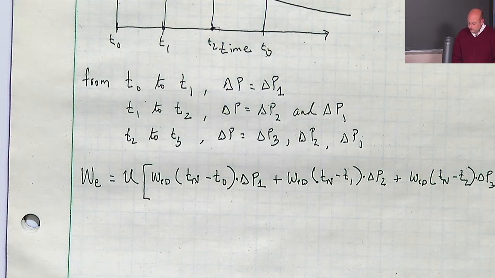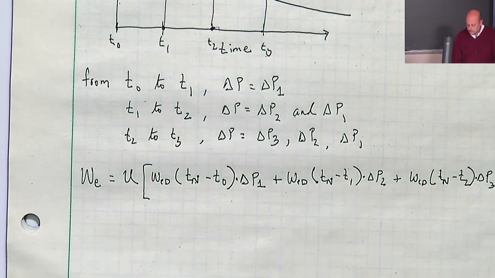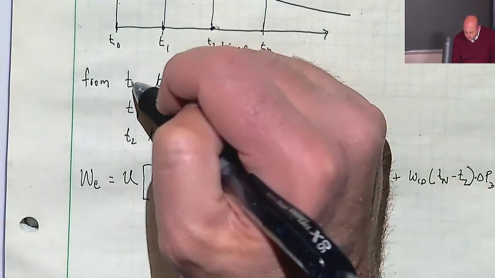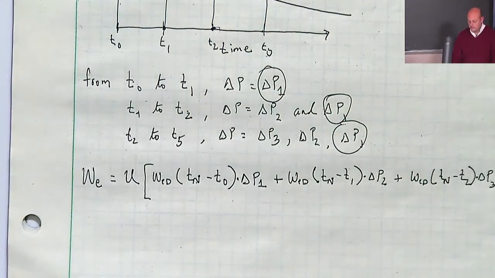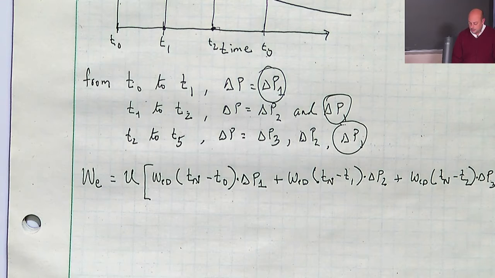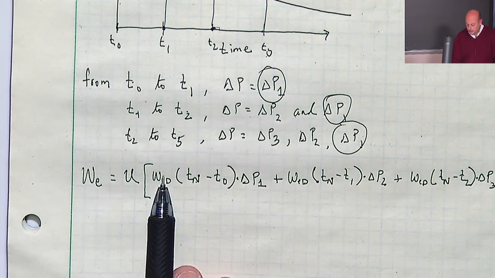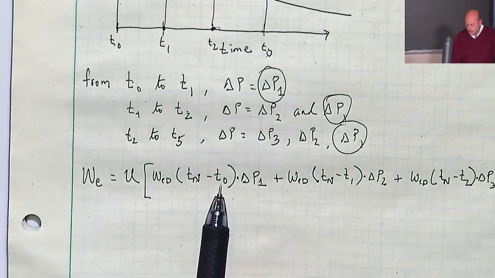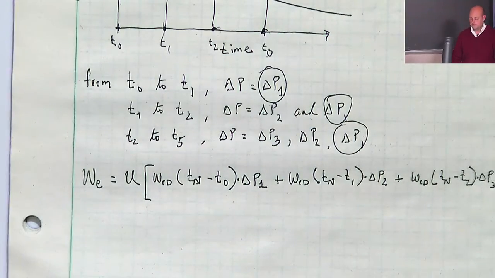The one thing you've got to be really careful about here is where you evaluate these delta T's. If you notice, this delta P1 shows up from T0 to T1, T1 to T2, and T2 to T3, all the way to Tn. That's why delta P1 is evaluated by calculating the cumulative water influx from Tn minus T0, so it's the final time minus the initial time.